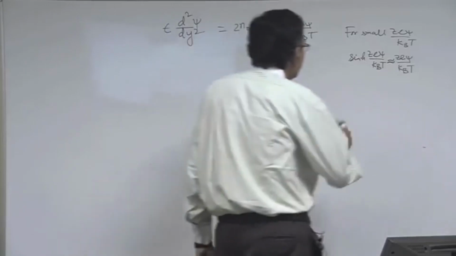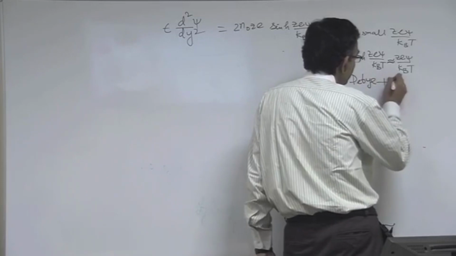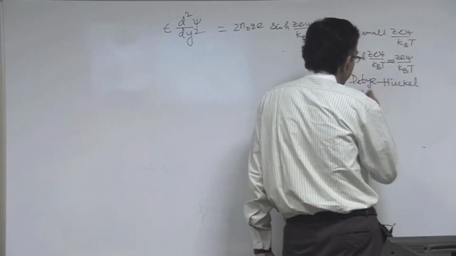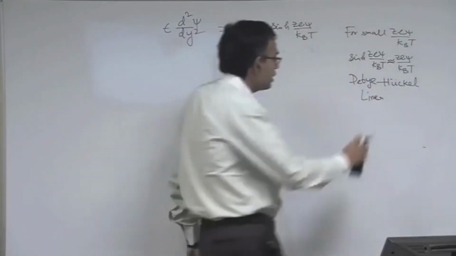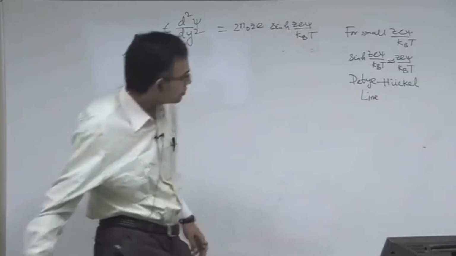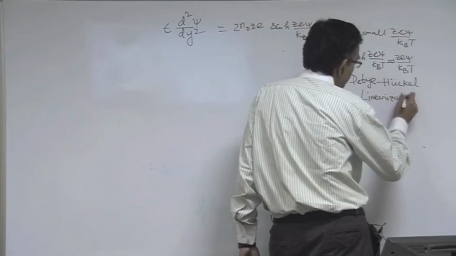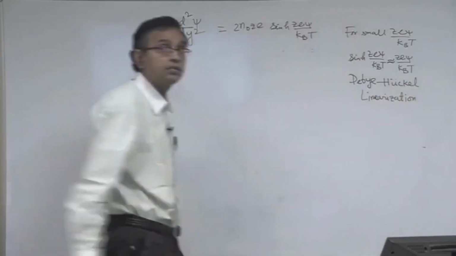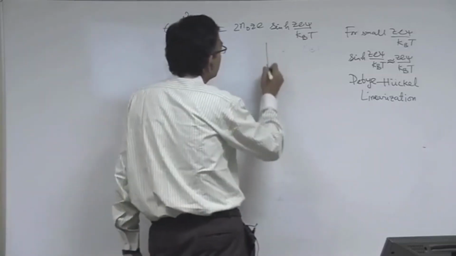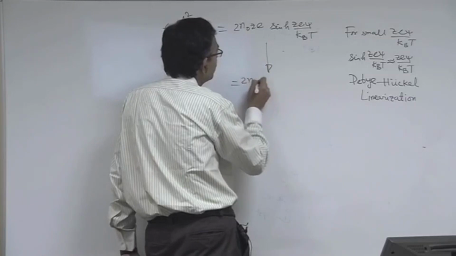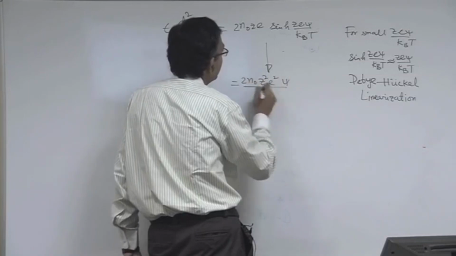This is known as Debye-Huckel linearization. Then you can write this as 2n0 z square e square psi by kbT.